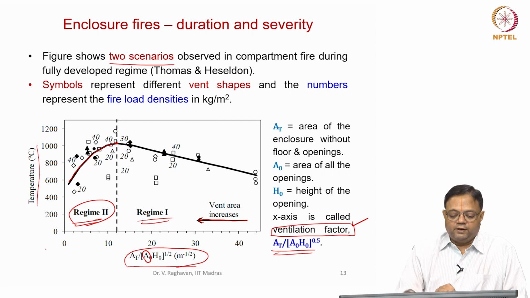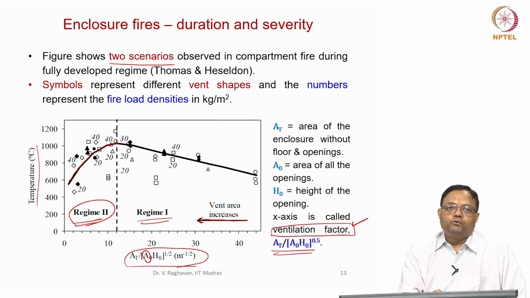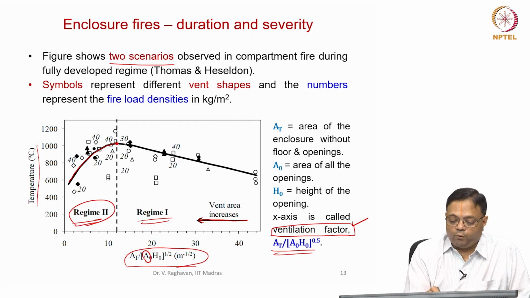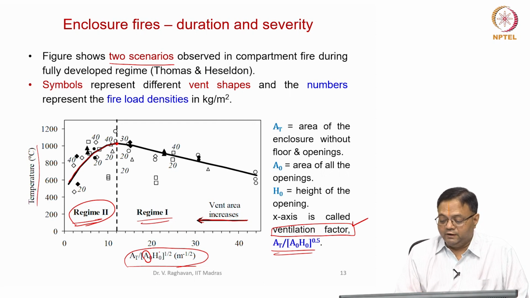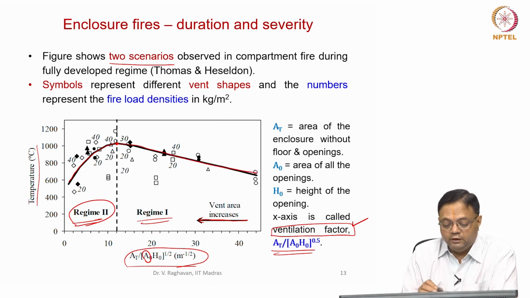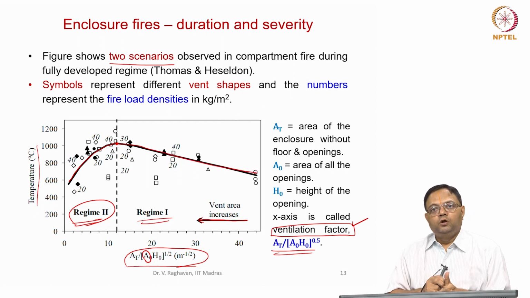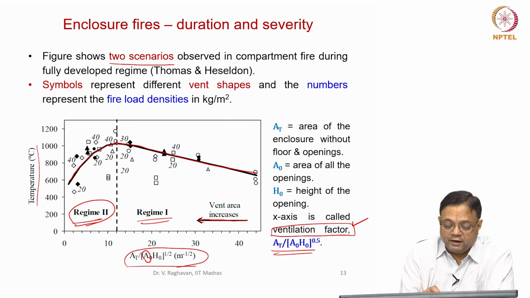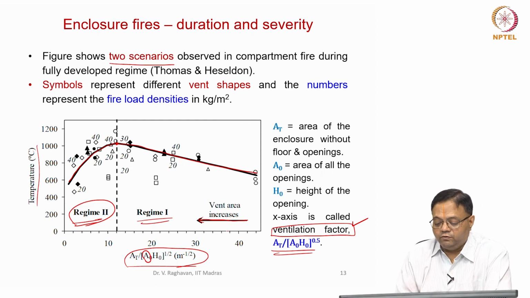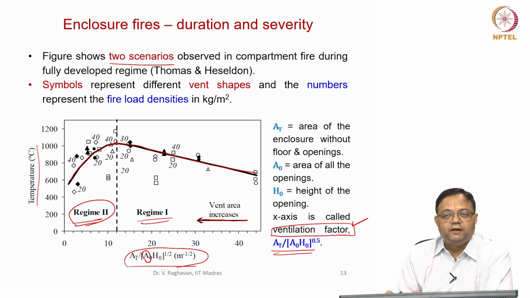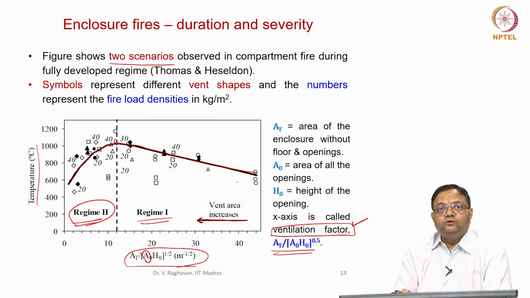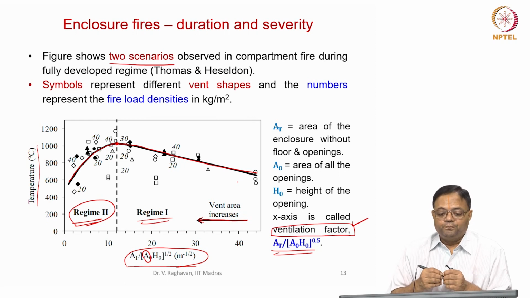So this is the regime 2, where the fuel is starved, oxygen is plenty. Now you go to other here, when you go from this point towards the right, as this ventilation factor increases, then what happens is there is a decrease in temperature again. Why? Because the burning rate decreases because of the reduction in the vent area when you go from this point to the right here. Okay, so these are the two regimes basically.